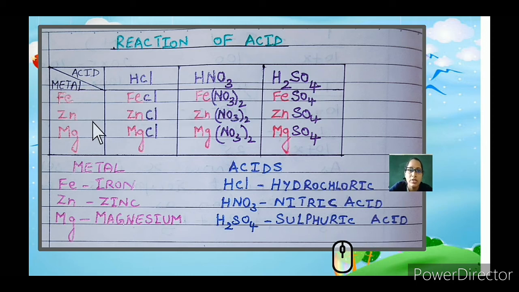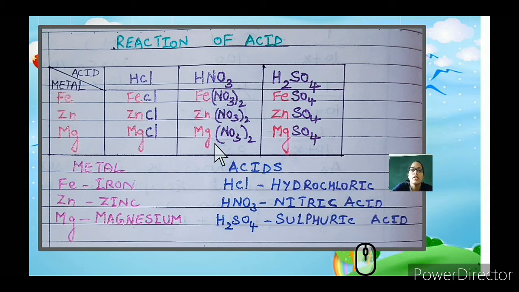Next we will see zinc. Zinc also reacts with HCl to form the salt zinc chloride, and hydrogen gas is released. When it reacts with nitric acid, it forms zinc nitrate, Zn(NO3)2, and zinc reacting with sulfuric acid, H2SO4, gives rise to zinc sulfate.